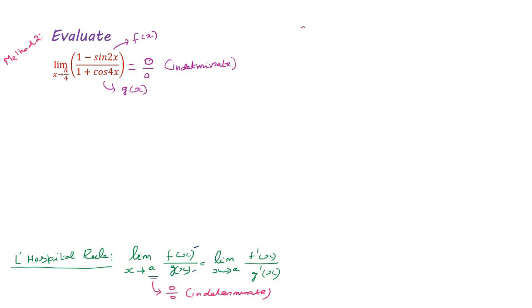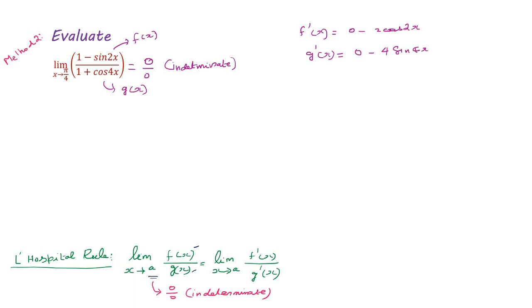So what is f prime x? This is f of x. So differentiate. You get 0 minus 2 cos 2x. Similarly, g prime x. This single prime will indicate first derivative.